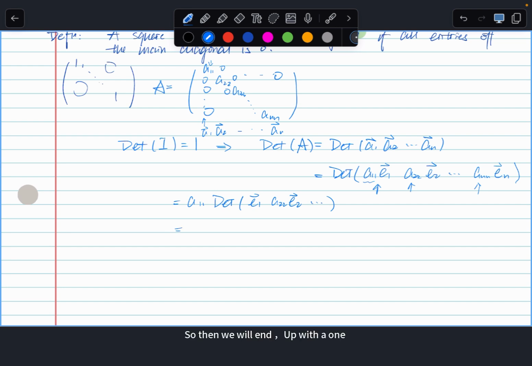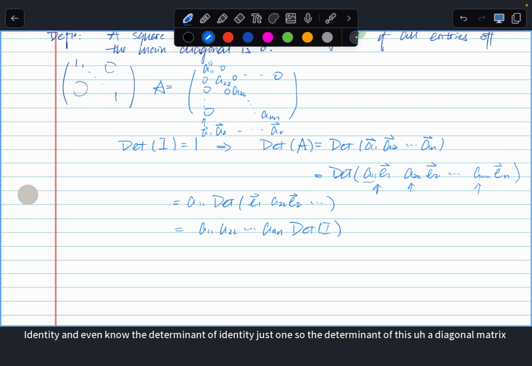So we end up with A11 multiplied by A22, all the way to ANN, multiplied by the determinant of the identity. And we know the determinant of the identity is just 1.